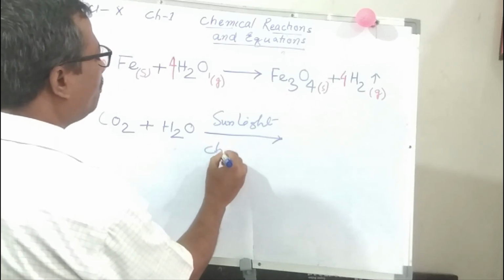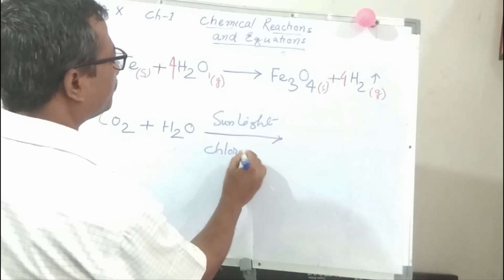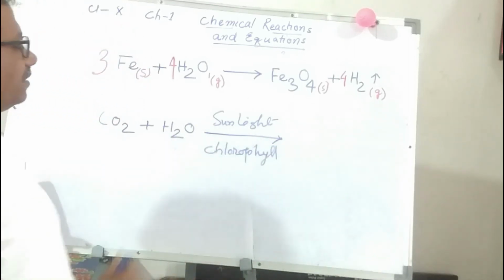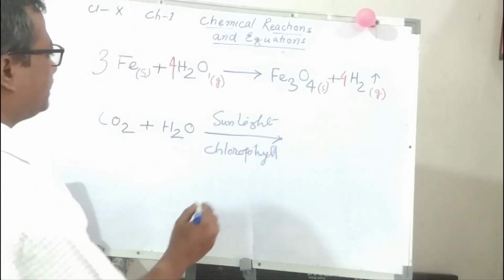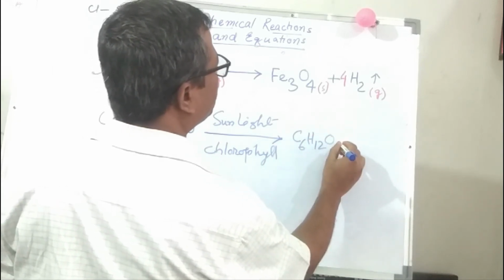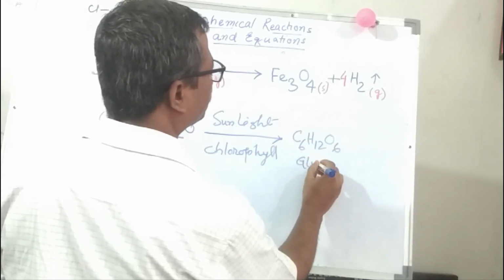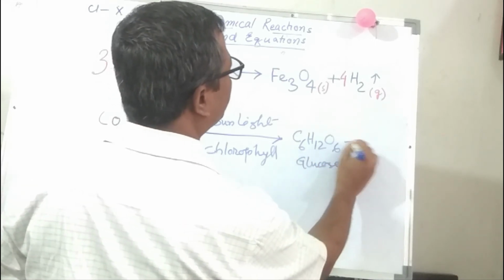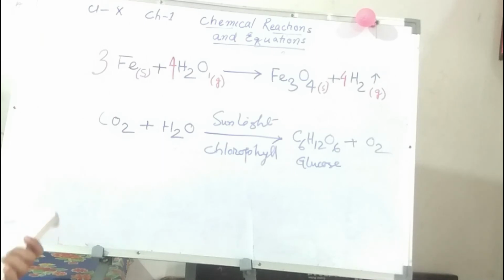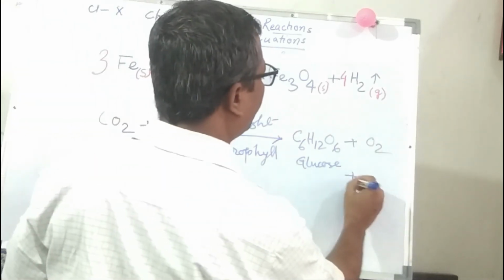And chlorophyll is involved in this reaction, and as a result C6H12O6, the glucose, is produced and oxygen is released, and also water.